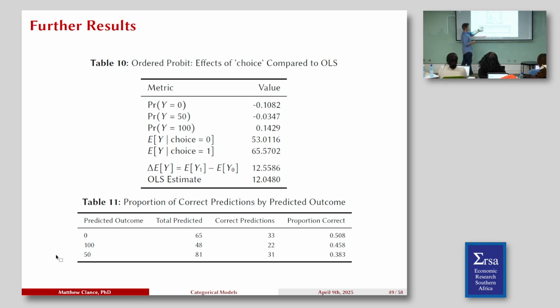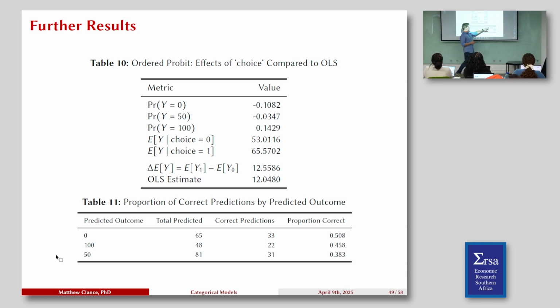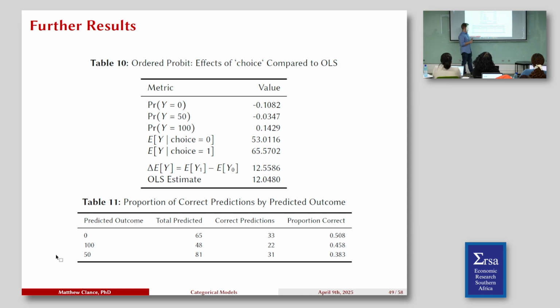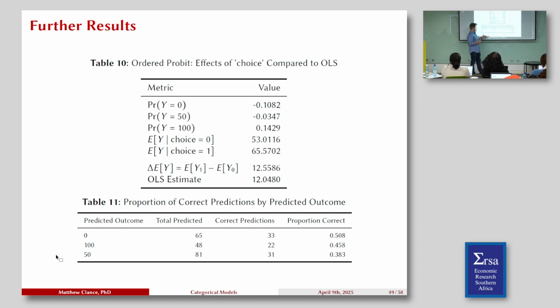In terms of the proportion of correct predictions by predicted outcomes, we could do the same thing as before, but now we can look at the proportion that I was correctly predicting the person was in bin 0. Why did I flip those? I have to check and make sure this is ordered the right way, because I put 0, 150.